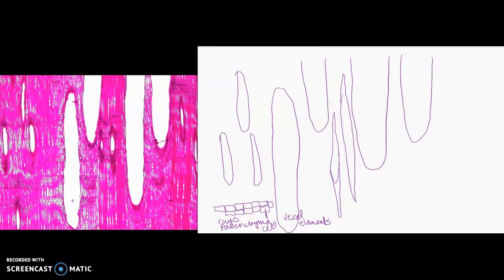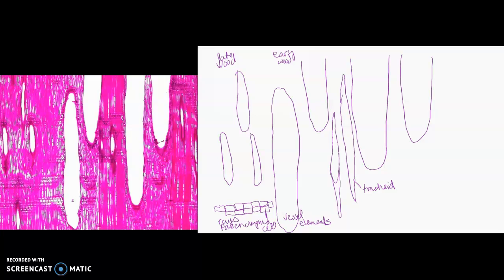We have early wood with those really large vessels, and we have late wood with the much smaller vessels, and then we even have some tracheids interspersed with our vessel elements with long tapered ends.